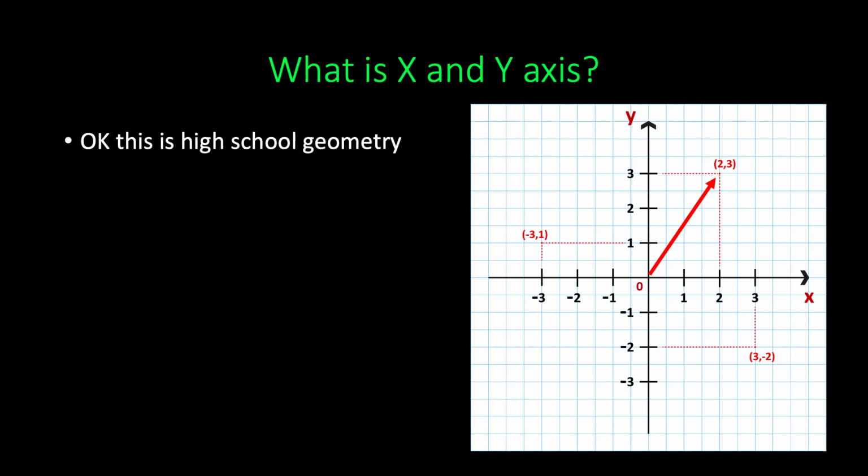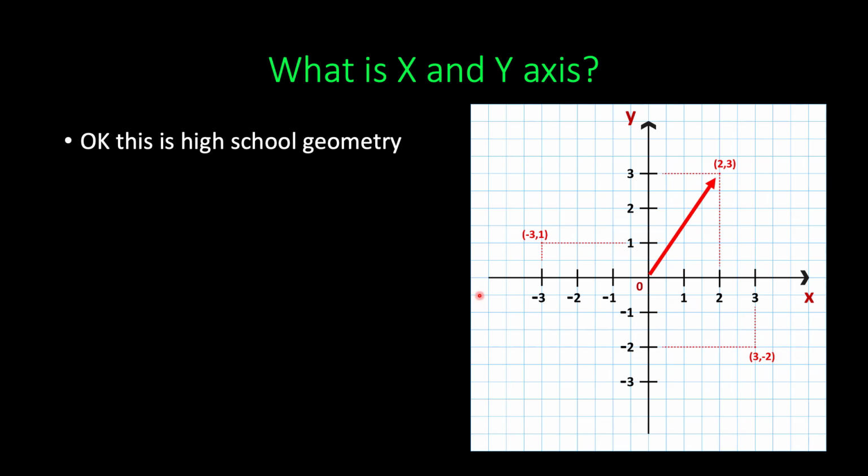So when you're dealing with OpenCV, the 0, 0 will be in the top left of your screen. Let me grab some sort of pointer. So this will be 0, 0 in case of OpenCV, and then you go x towards the right and y towards the bottom. Hope it makes sense. Again, this is basic high school geometry.